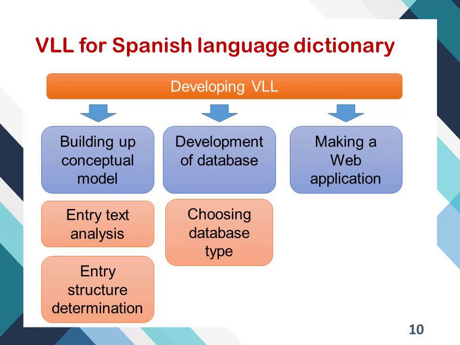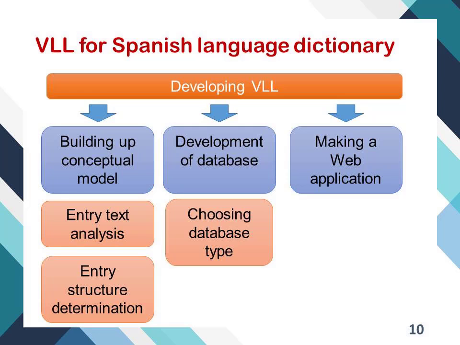The second task consisted in the development of the database and choosing the database type. For our purposes, a NoSQL database was chosen for the following reasons. First, ease of use. Second, support for transaction mechanisms. Third, support for parallelism. And fourth, free of charge for scientific purposes.